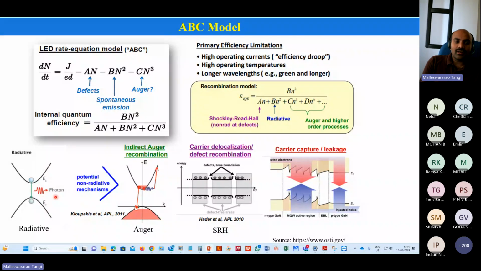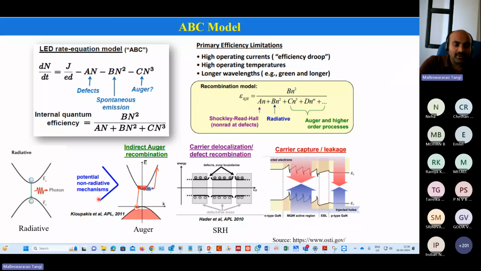But there are other recombination mechanisms, which are non-radiative. In non-radiative recombination, mechanisms like defects, intraband transitions, or shallow or deep level defects contribute to the process.